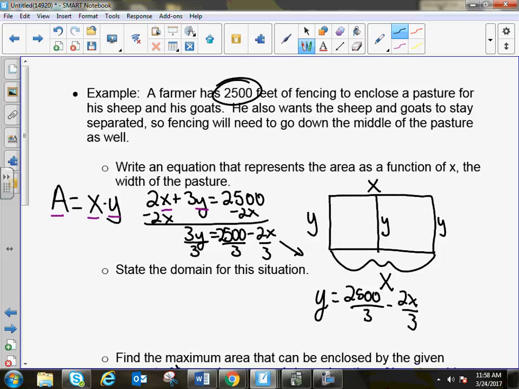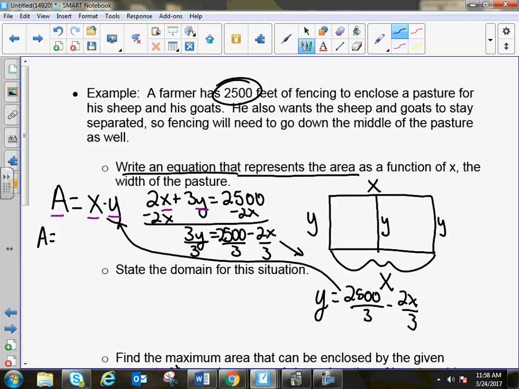That's what y equals. We only want to write a single equation that represents the area. So I'm going to take the equation I just came up with, what y equals, and plug it in for y in my area equation.